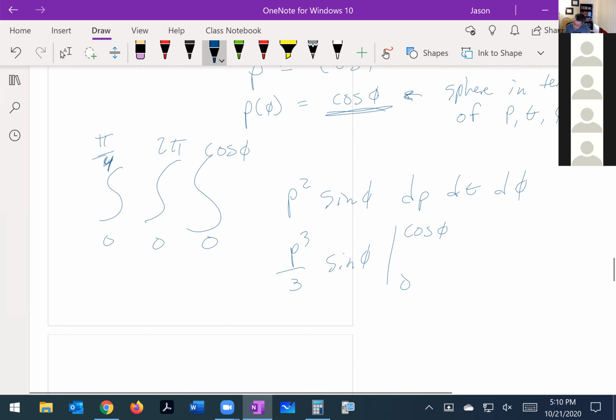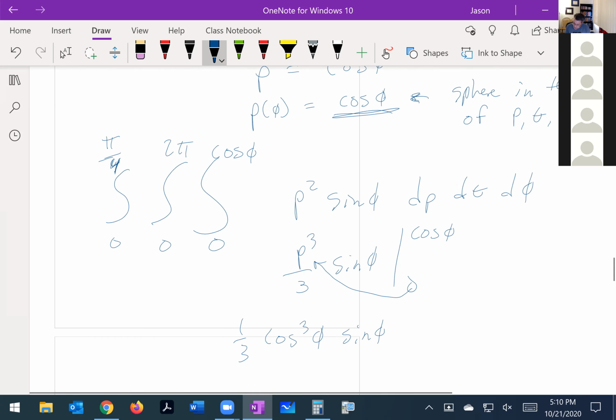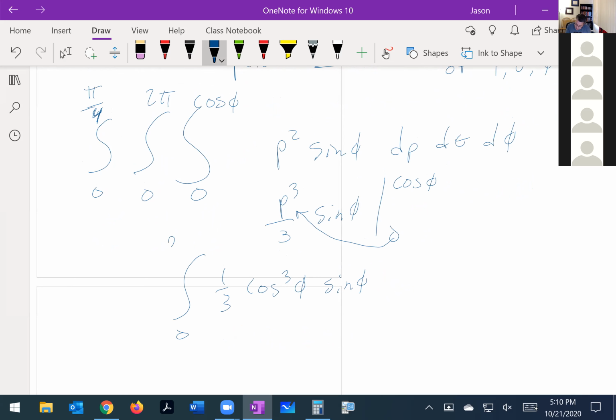If I plug in this, I get cosine cubed phi 1/3 sine phi. And if I plug in 0, can everybody see that's just going to go to 0? Plug in 0. We're good. Now we're going to integrate 0 to 2 pi and 0 to pi over 4.